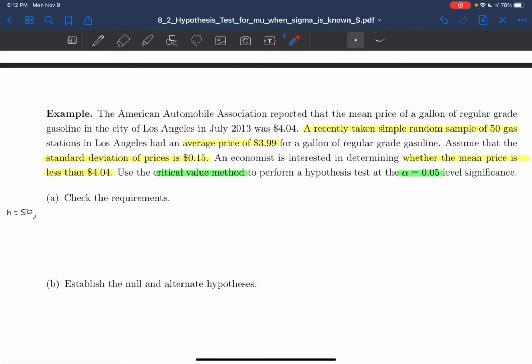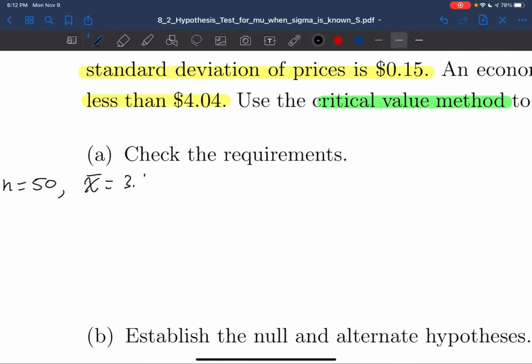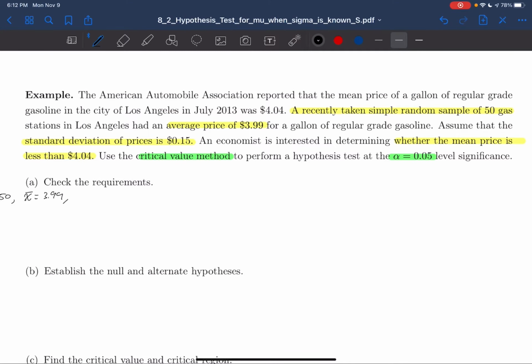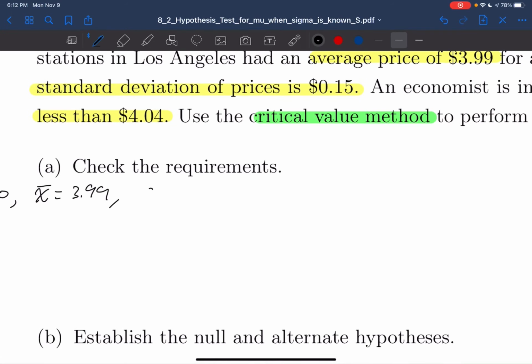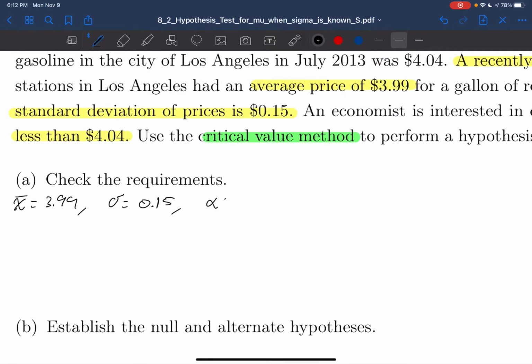Since this was a simple random sample, this average price is our sample mean, x bar, so $3.99. We also know that the standard deviation is 15 cents, so our sigma here is 0.15. And we're working with a significance level of alpha equals 0.05.